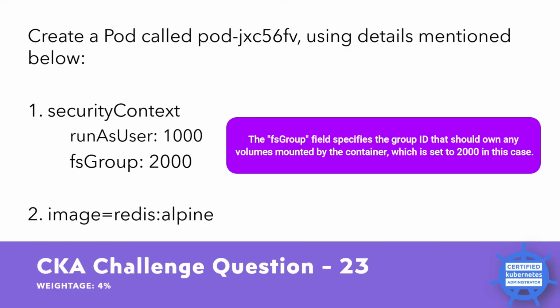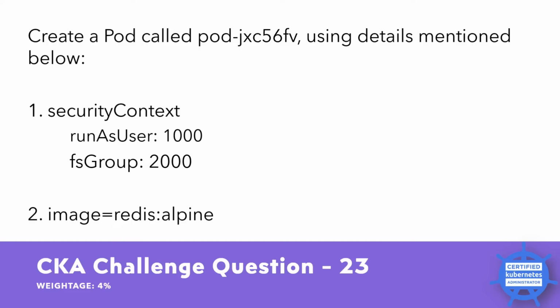The FS group field specifies the group ID that should own any volume mounted by the container, which is set to 2000 in this case. This allows you to control the permissions of the container and ensure it can only access files and directories that are owned by the specified user and group.